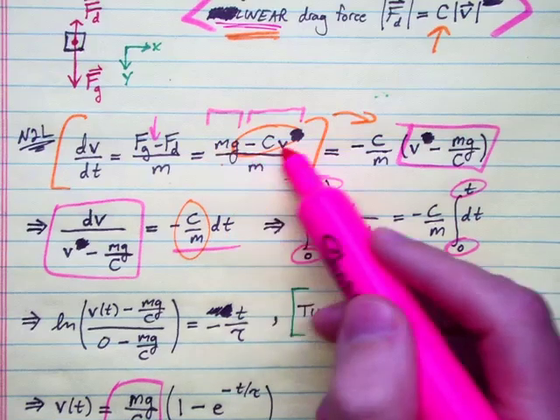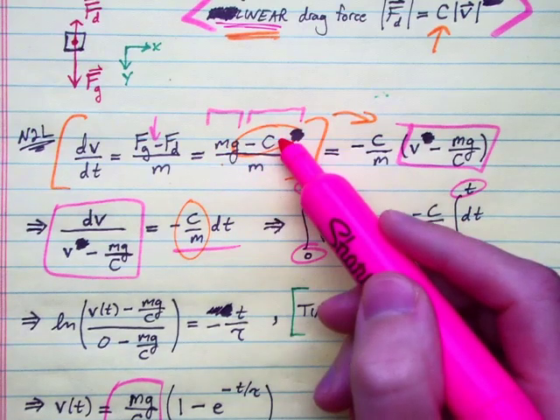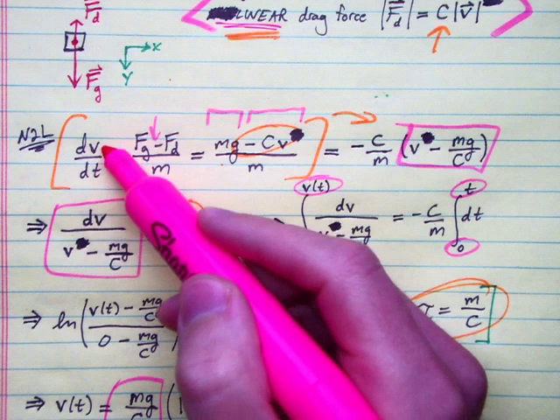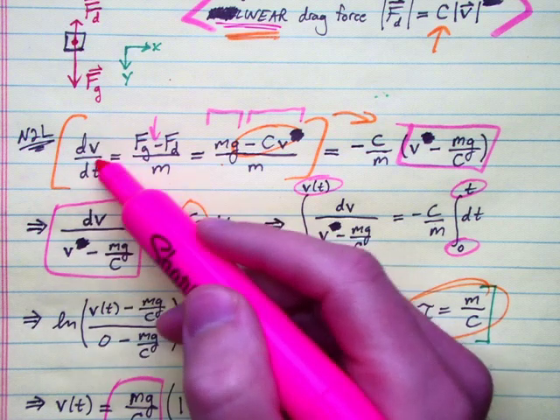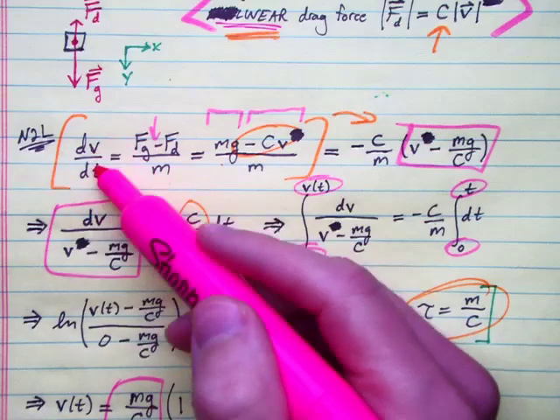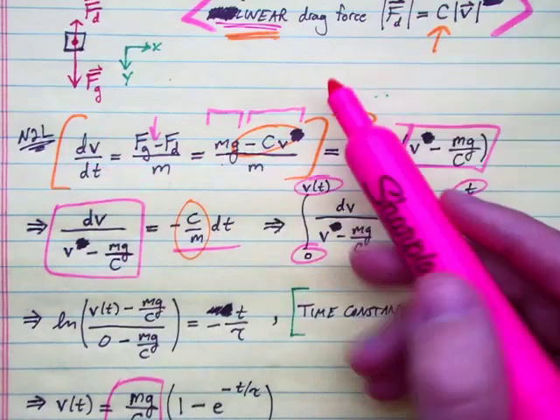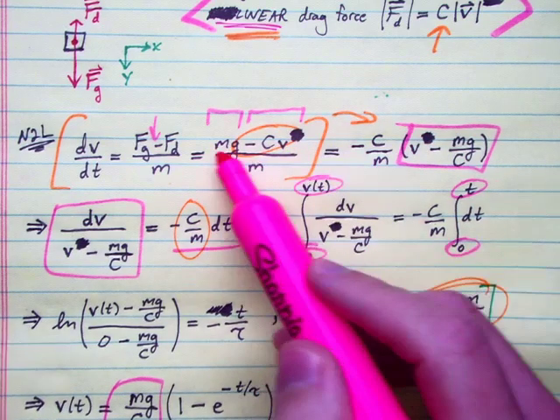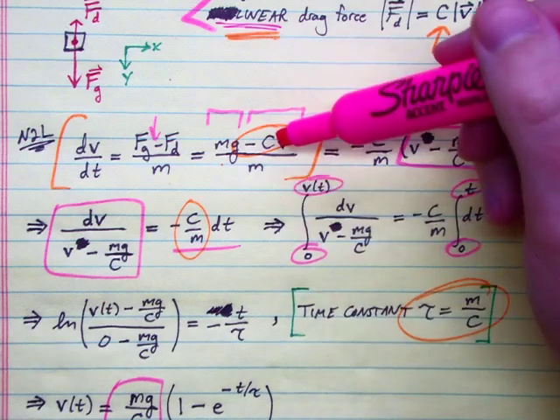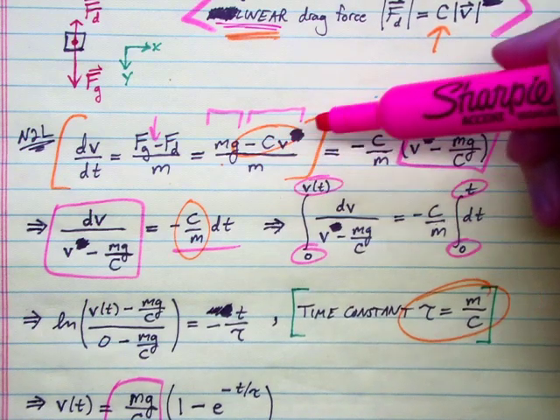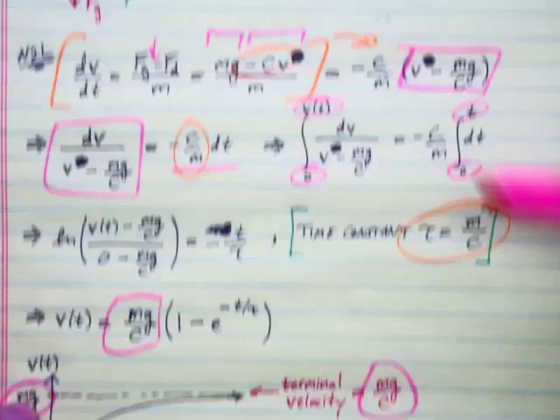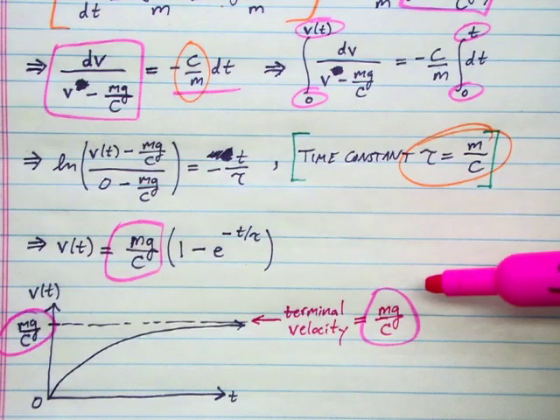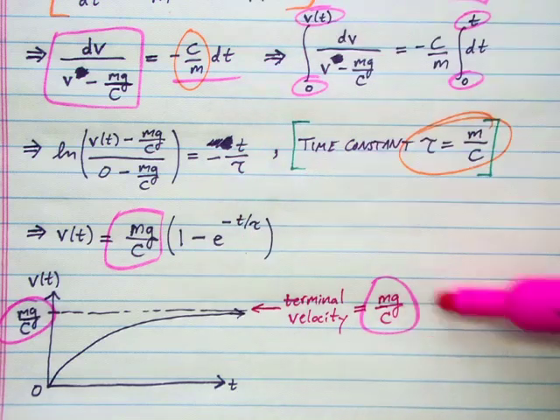And when those are equal, the net force is 0, meaning our acceleration is 0, meaning our speed isn't changing anymore. So we've reached our terminal velocity when our acceleration goes to 0. So the point at which these two terms balance, that's when we've hit terminal velocity. So setting mg equal to cv, we could have solved for the terminal velocity way back here to find that it's mg divided by c. And our calculus here confirms that.